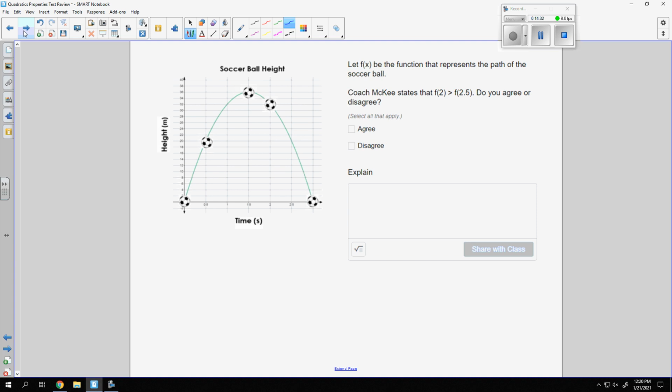So let f of x be the function of the path of the soccer ball again. Coach McKee states this. I stated that f of 2 is greater than f of 2.5. F of 2, when the function has an x value of 2, is that a greater y value than at 2.5?